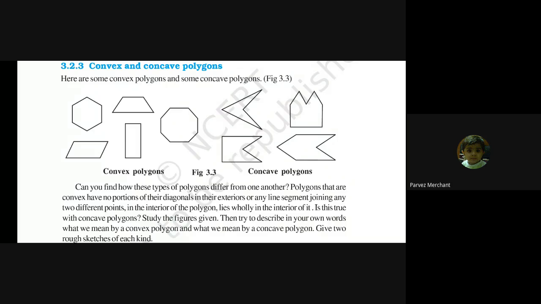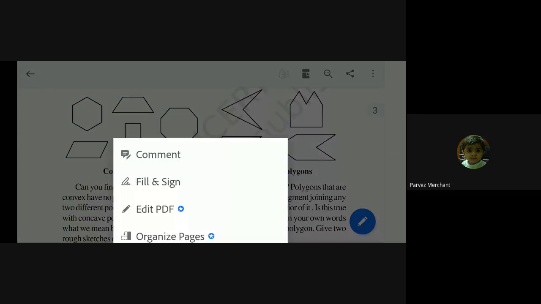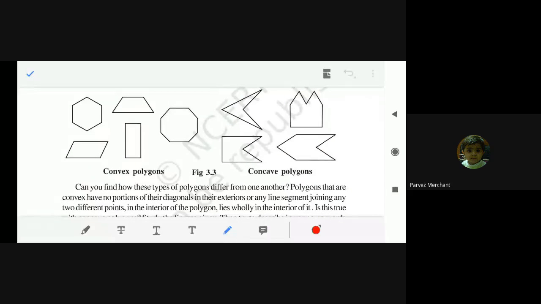But in a concave polygon, the diagonals do not intersect. For example, we are drawing two diagrams. In this figure there are two diagonals and both intersect at one point. So it is convex.